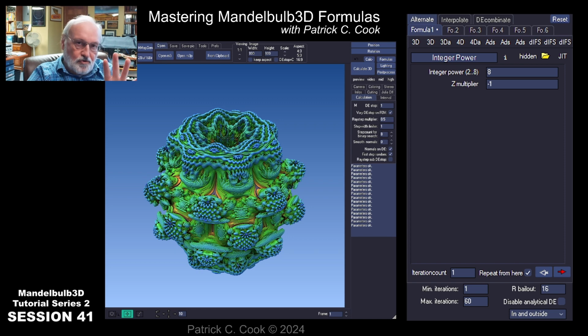All right, Interpolate, as you remember, will average two formulas together. DEcombinate is doing volumetric Boolean operations.